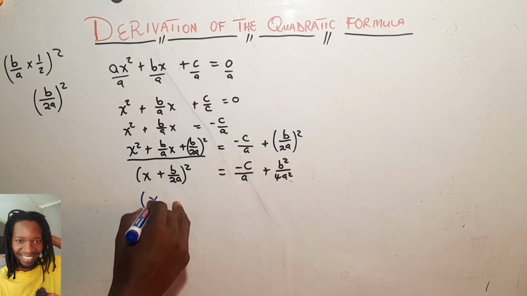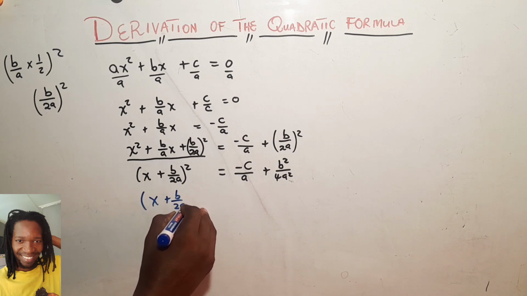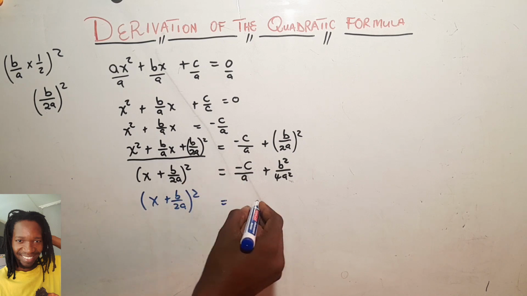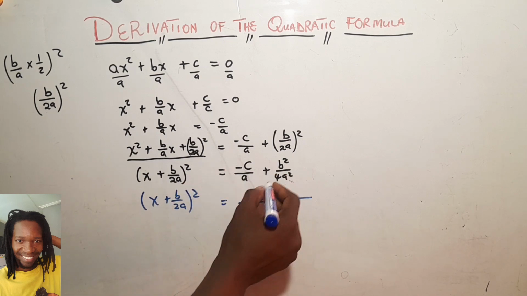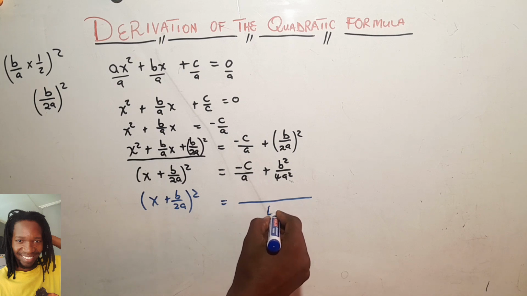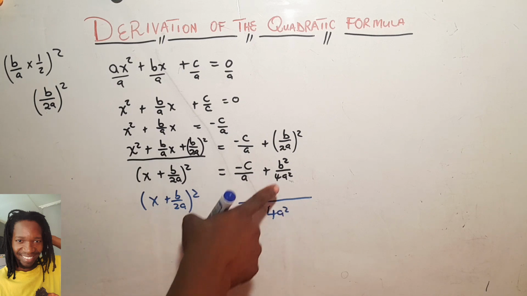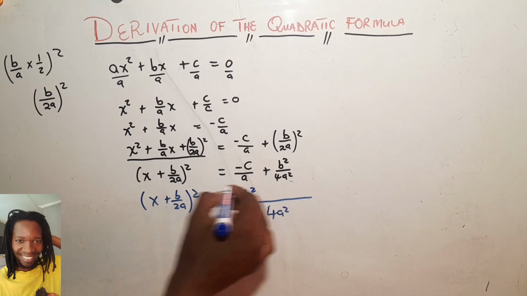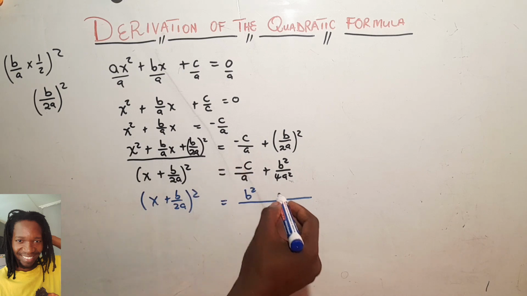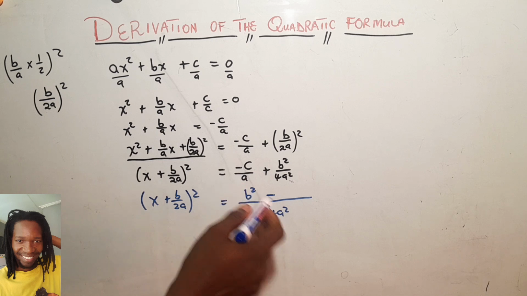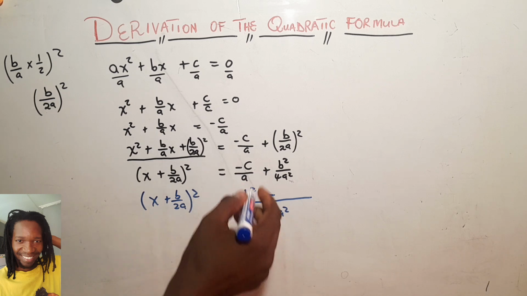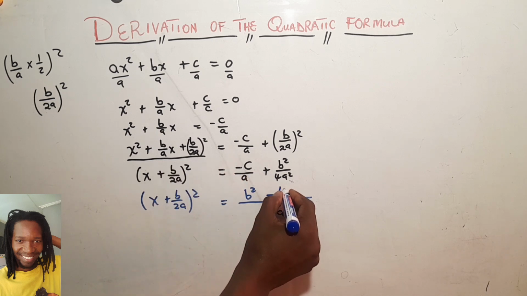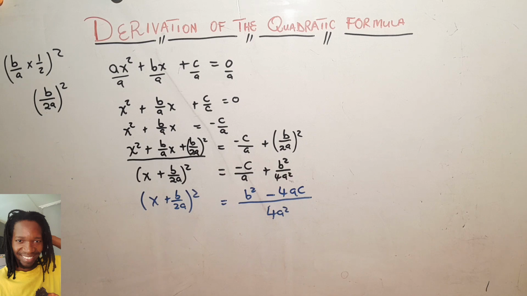So this becomes x plus b over 2a squared, and this side now we can have a single denominator, and this will become 4a squared. So 4a squared into 4a squared is 1, and then multiply by b squared. So this is just b squared, and this is having a minus, so it's minus. And a into 4a squared, it is 4a. So 4a multiplied by c, it will be 4ac.